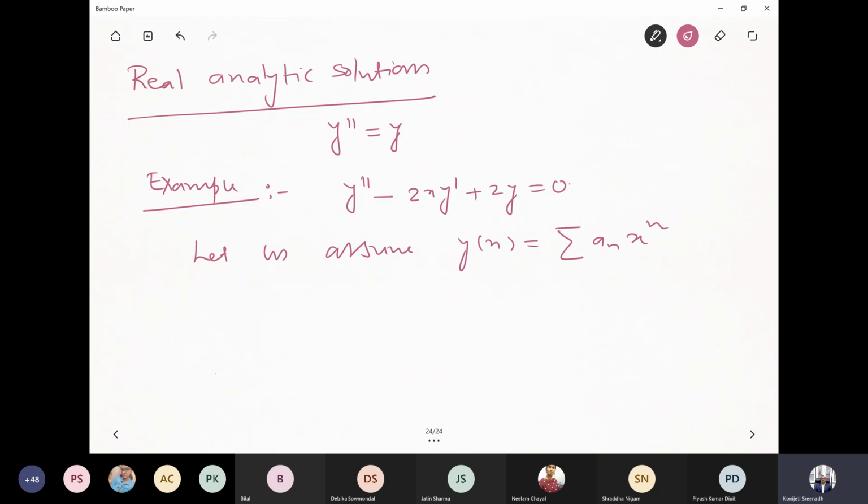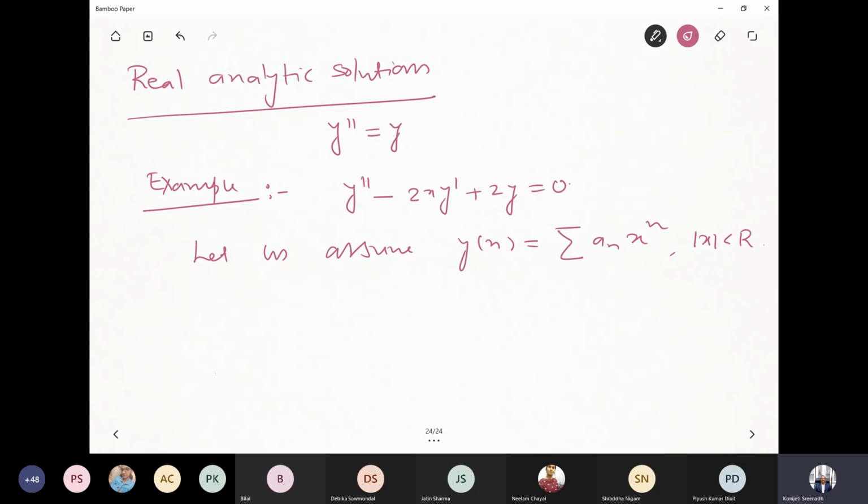We don't know as of now whether there is any function or whether we can find a_n in such a way that the series will have a positive radius of convergence. But we assume this is true for |x| less than R, and therefore we can differentiate it and then substitute in the equation. Okay.